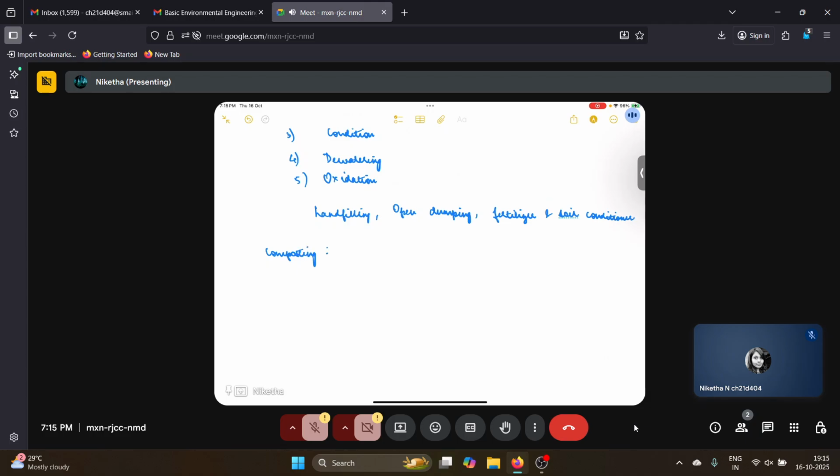So for composting, it is basically converting the solid waste into some useful substance like manure, which can be used for agriculture. And in order to do this, we need to look at variables like oxygen concentration, the type of microbes, the carbon to nitrogen ratio, and the moisture content, and the particle size of the waste.